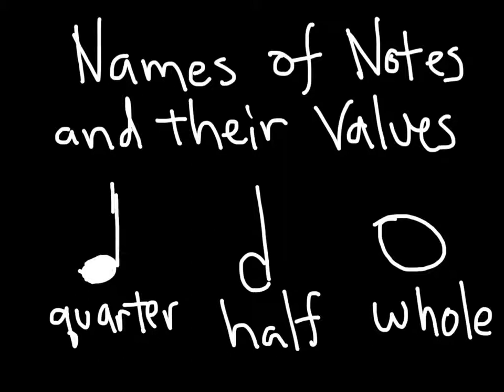Now, when we're talking about their values, it means how long you will hold that note, and you will hold that note based upon a certain unit that we call beats. The beat is basically the musical unit that's used to determine and to count how long you will hold a particular note.